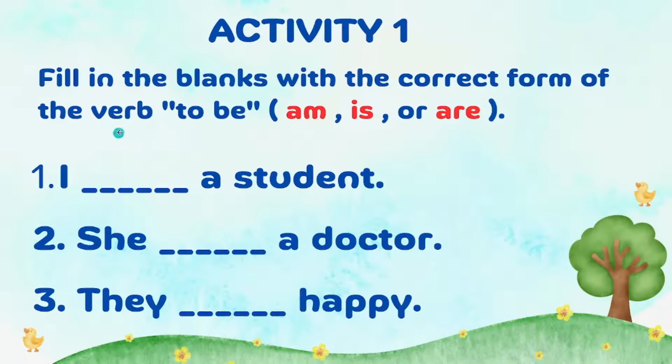For the be verb, I. So, what are we going to use here? Am, is, or are. There's only one to remember for the pronoun I. So for number 1, you will fill in: I am a student.